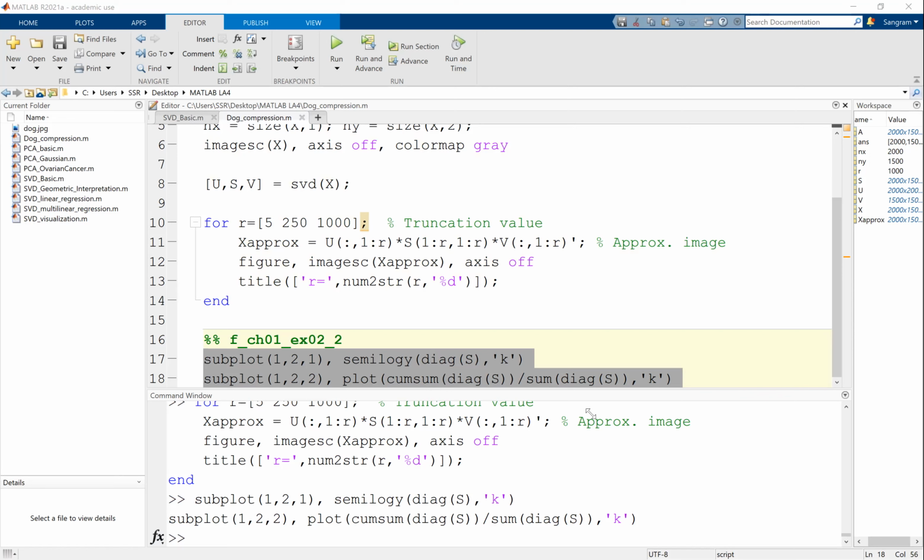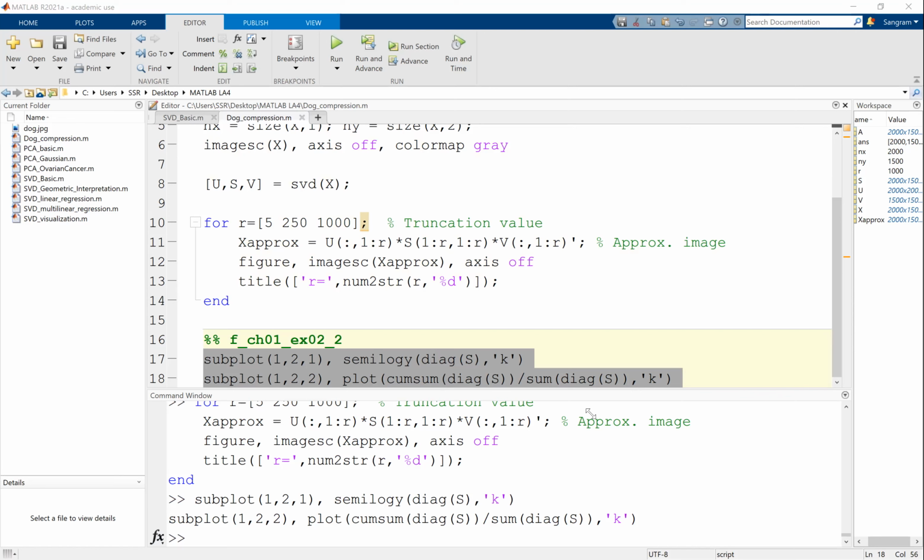So you have the law of diminishing returns, and it is showing the decaying singular values. As you can see, the first singular values are super high, and the last singular values are very close to zero. So for practical purposes, you can ignore those singular values and singular vectors and achieve compression. Everyone understood this?